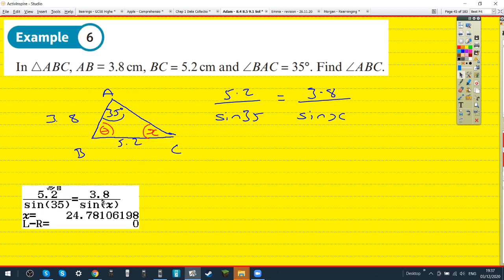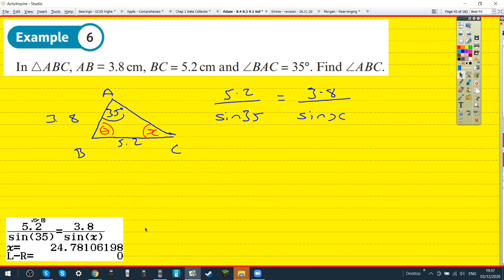Yeah. Okay. 24.781 is the angle C, which I called X. Now we need to find the angle ABC, theta. Okay. So can angle C just be 24.8? Is that fine? No, 24.781 is fine, because you can always put it to 2 extra so that it rounds correctly at the end. Okay.